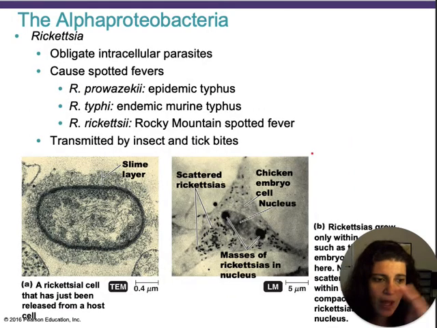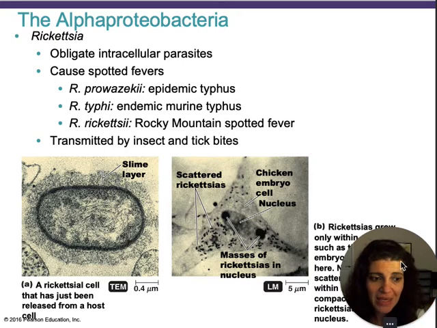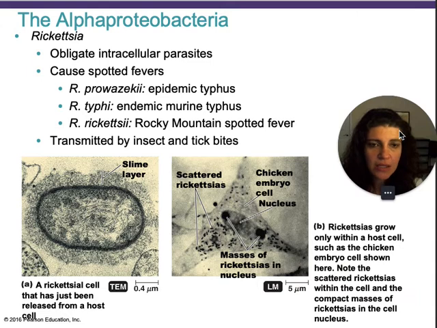Now let's go up in our table and talk about the Rickettsia. The Rickettsia is a genus that is obligate intracellular parasite. What does that mean? It means that Rickettsias cannot multiply outside cells. Okay? They need to be inside a host cell to survive and grow.